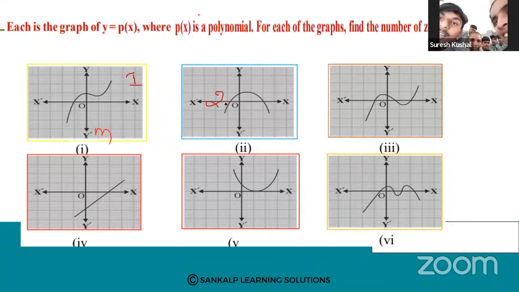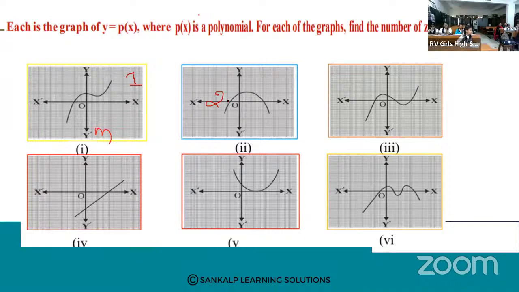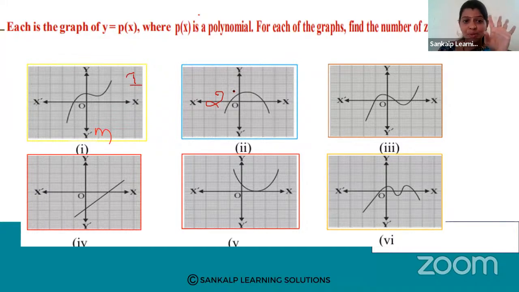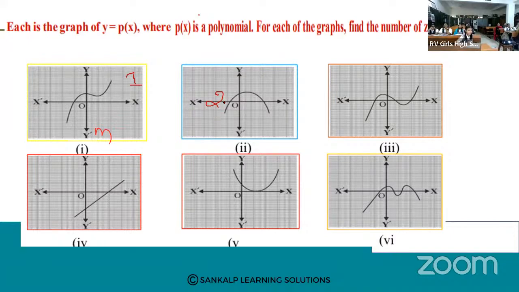Ma'am, it is 2 times. Yes. 3. I am asking second case, not third case. Okay, I am asking second case. Why it has 2 zeros? Intersecting point.